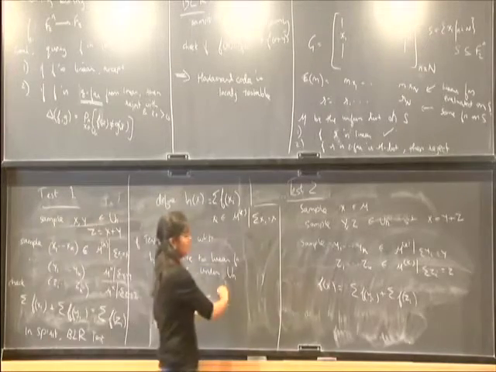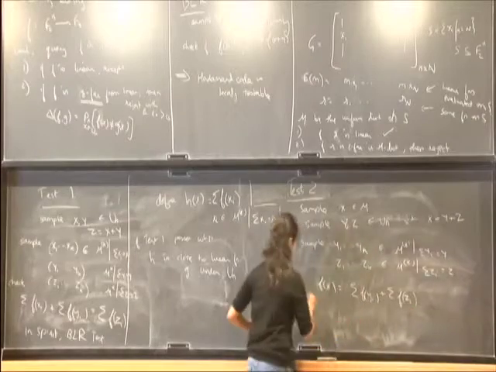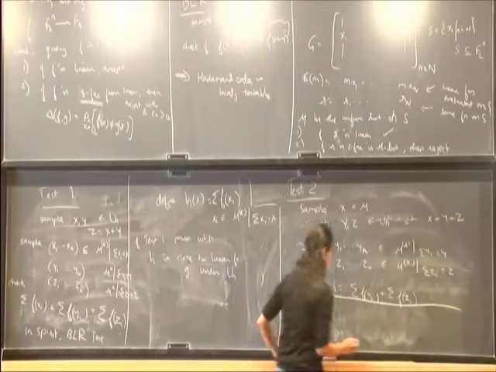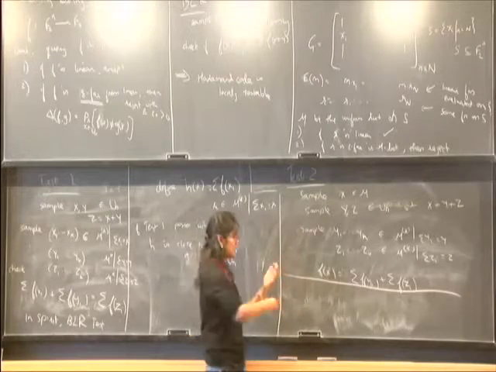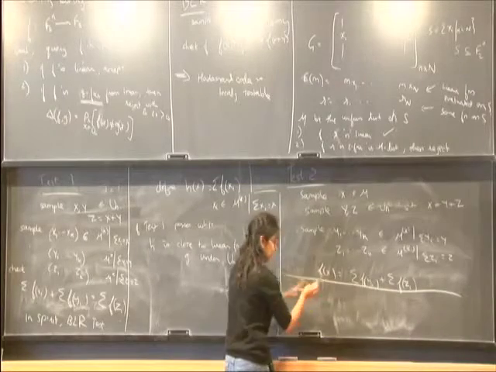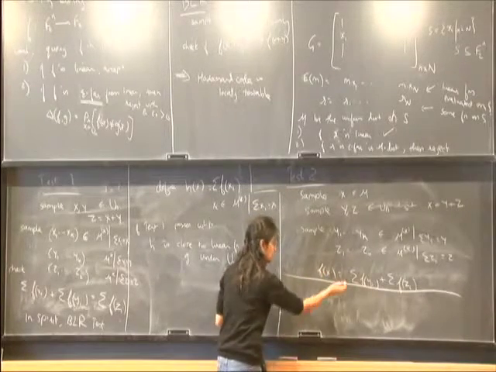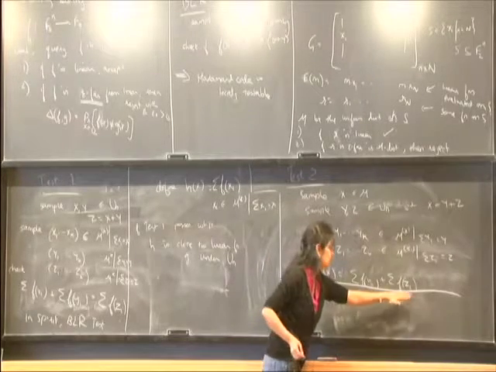So suppose this test passes with high probability. What does this mean? Okay, so if this test passes with high probability, now the summation of f of yi is just h of y, and this is just h of z.